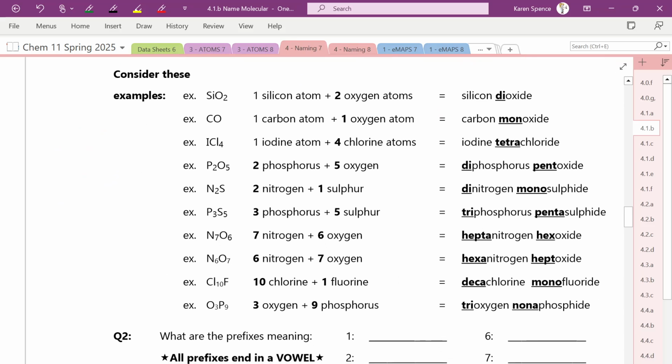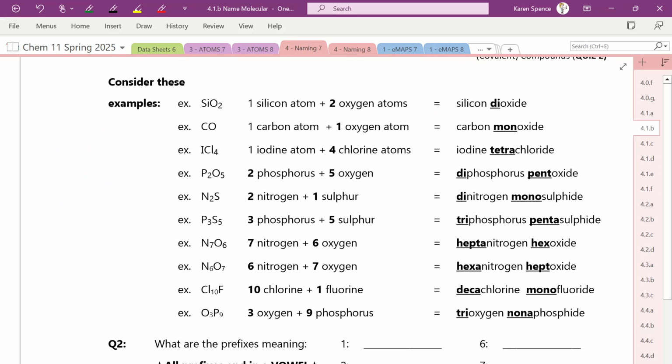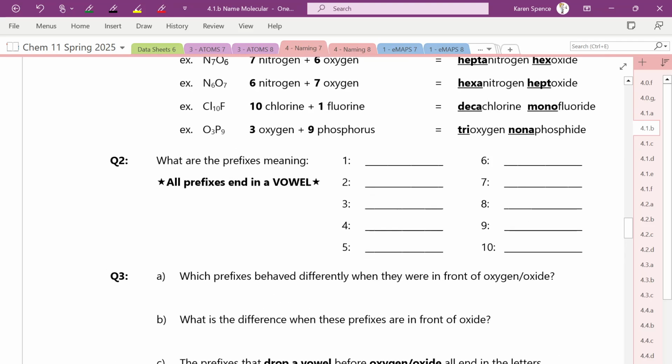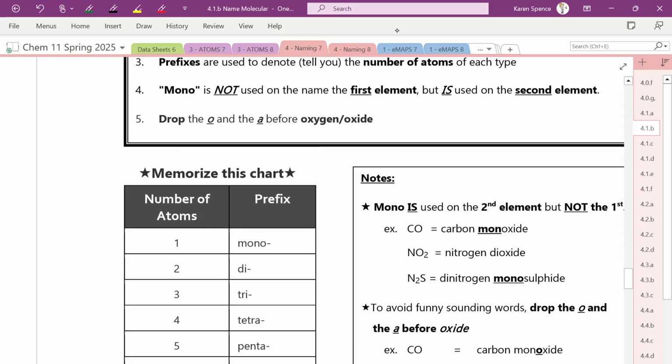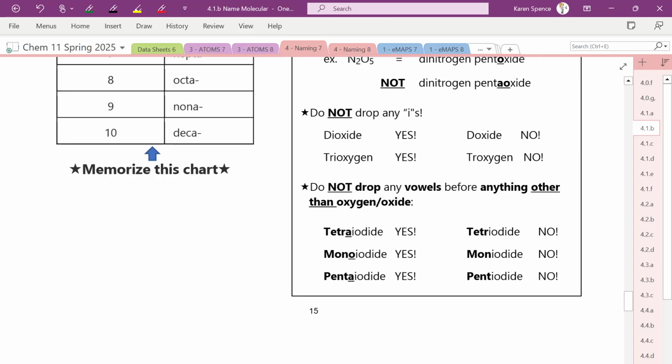And then the next page, I think it just gives you more examples. There's a lot of stuff that just says what I've already told you.